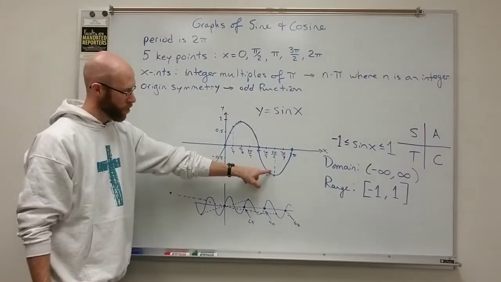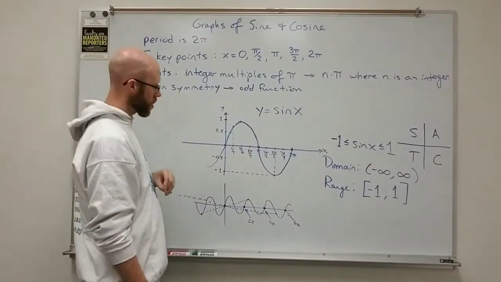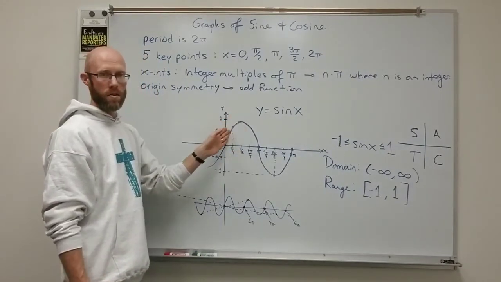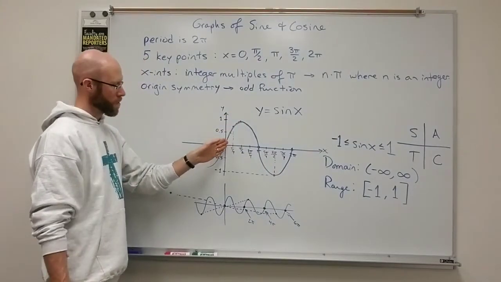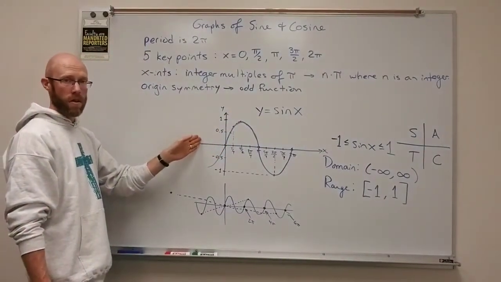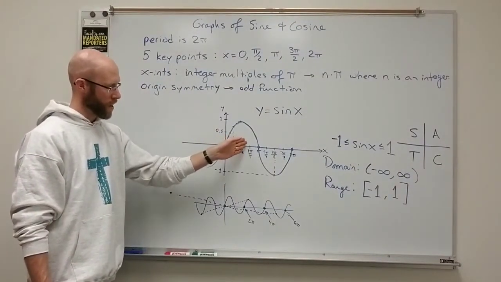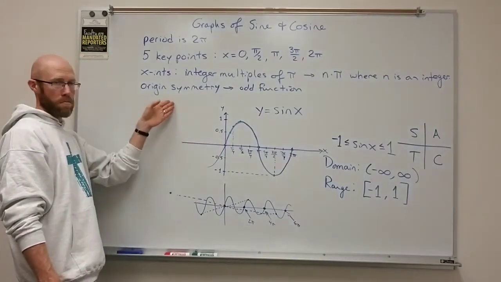And if I take one on the lower right, there'll be a mirror image on the upper left. So if you had a positive x and a positive f of x, then the mirror image would have a negative x and a negative f of x. Or if you have positive x and negative f of x, the mirror image would be negative and positive.